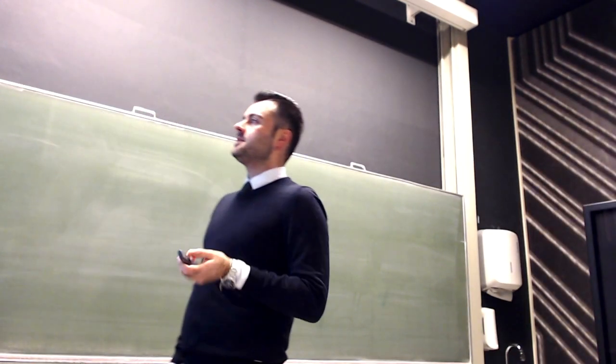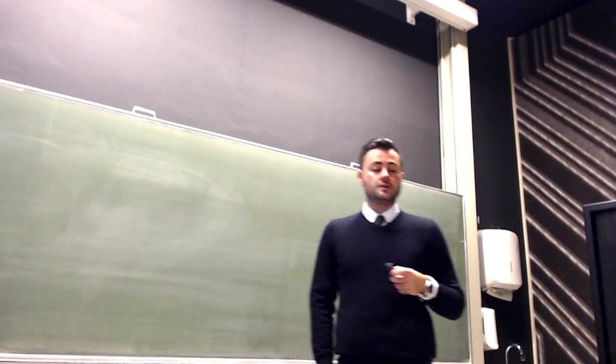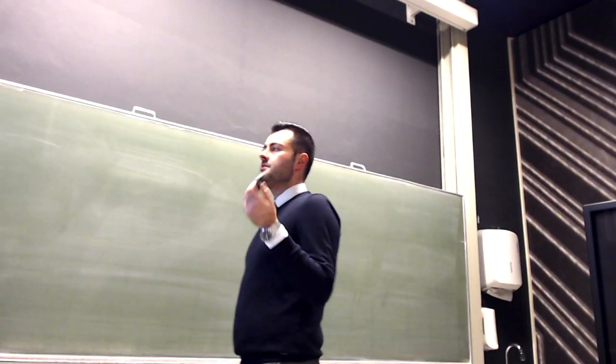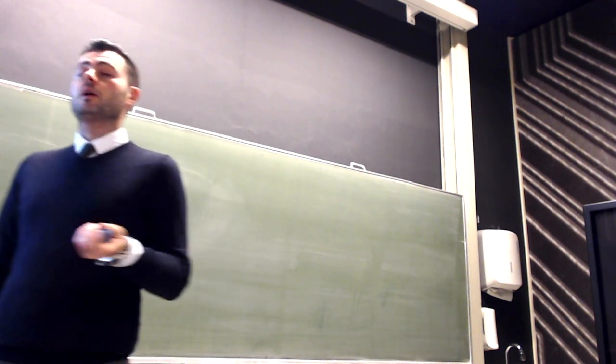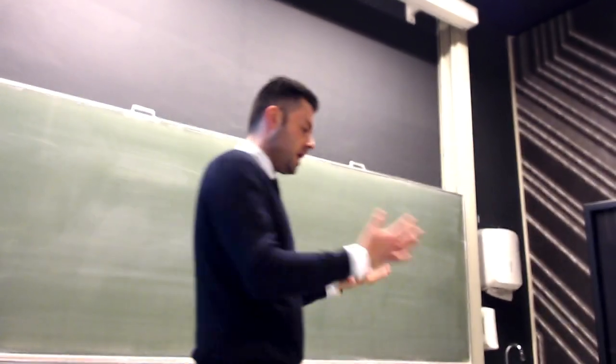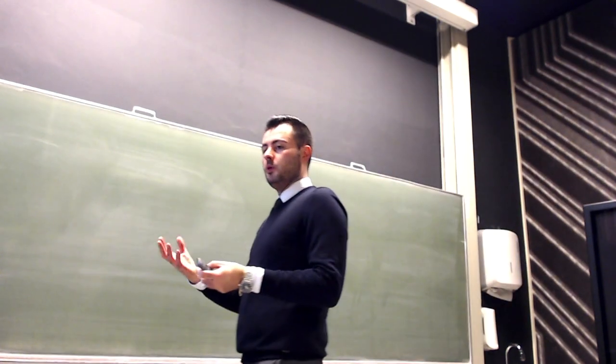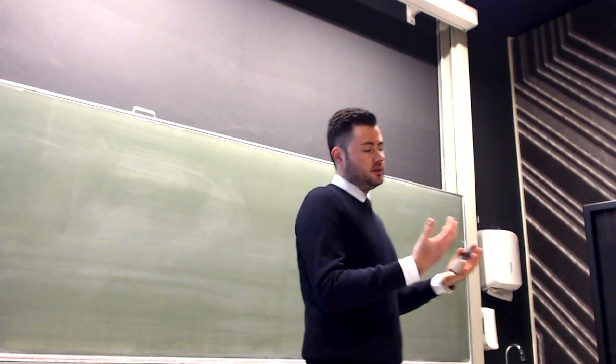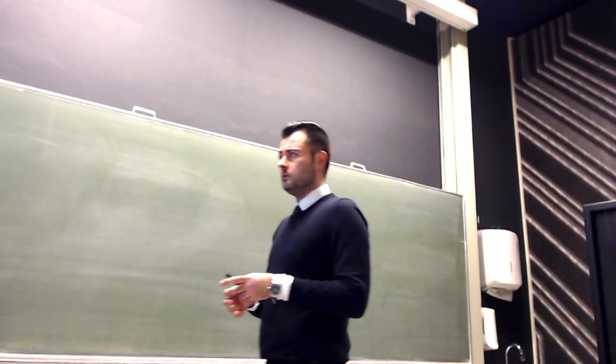Now, market risk, if you take the definition of the Basel Committee on Banking Supervision, is defined as the risk of losses in on and off balance sheet positions arising from movements in market prices. That is to say, we have our portfolio and we expect losses in the portfolio because of changes in the prices, that is to say, in the values of the underlying market variables.